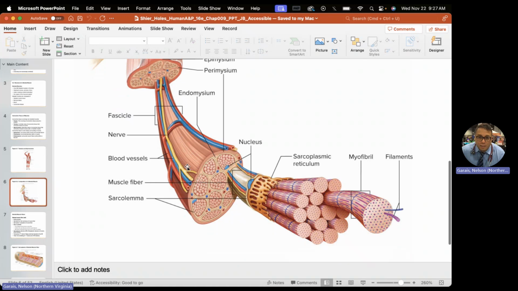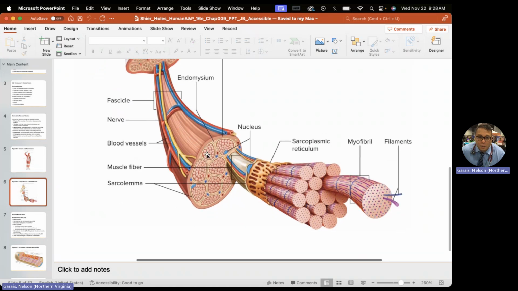Now, we have the fascicle here, arteries, veins, and nerves. And then the fascicle is the next layer of organization. Here is a whole bunch of myofibrils that were all bundled together, and they get all covered together with the endomysium.